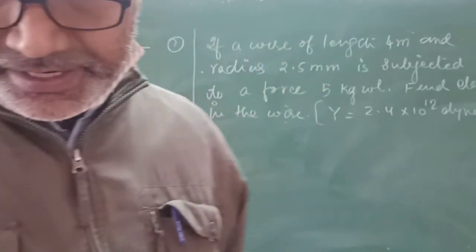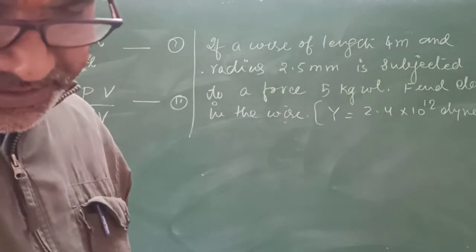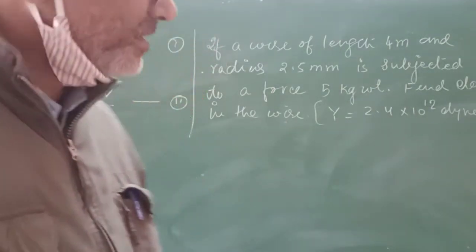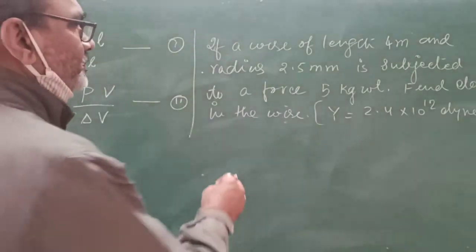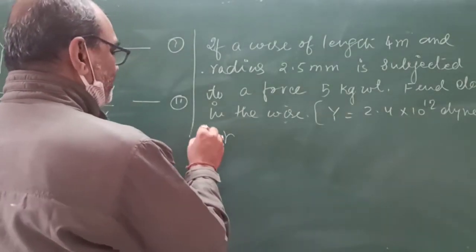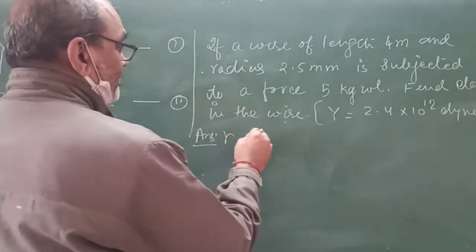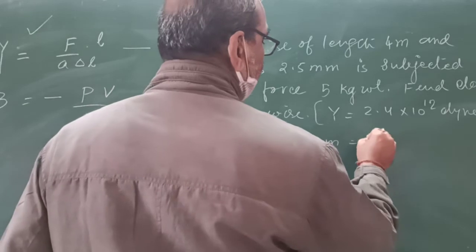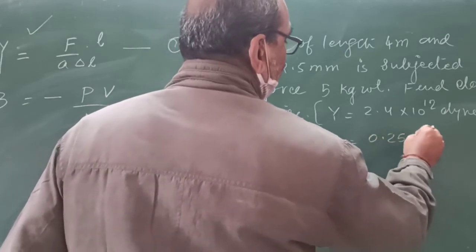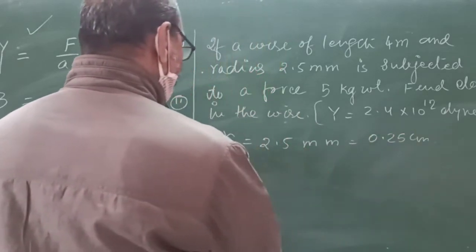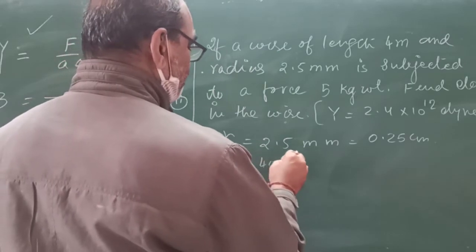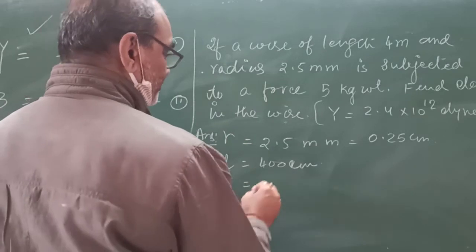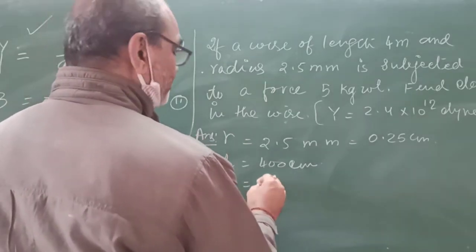Area is equal to pi r square. r is given as 2.5 millimeter, which is equal to 0.25 centimeter. L is equal to 4 meter, which means 400 centimeter. Force F is equal to 5 kg weight.